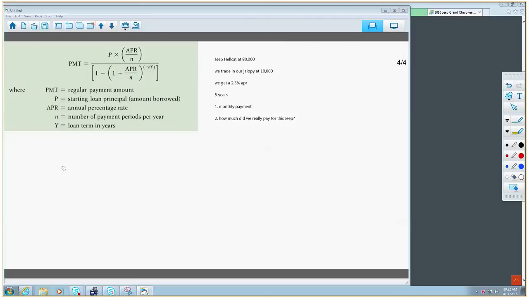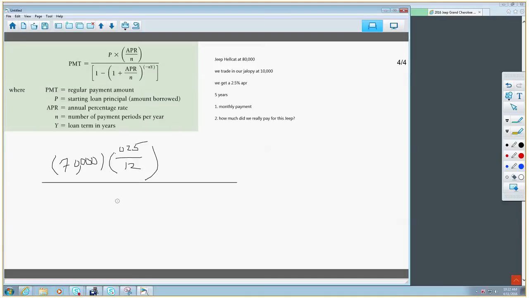So 70,000 times 0.025 divided by 12, over 1 minus 1 over 1 plus 0.025 over 12, all that raised to the power of 12 times, what, 6 years or 5 years?